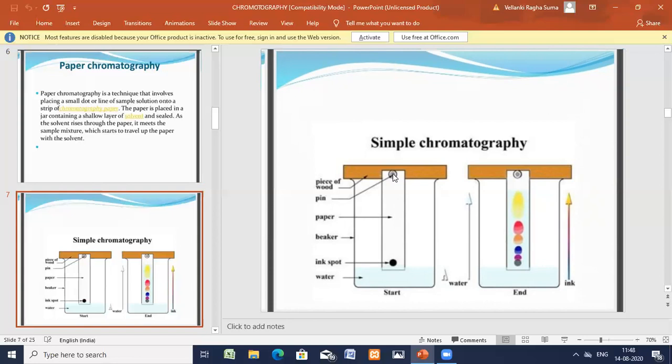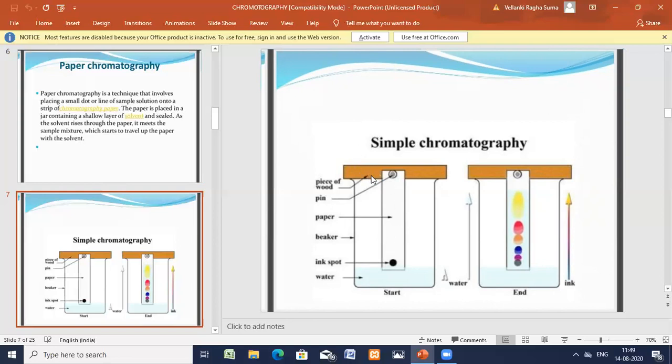Seeing the diagram, you can see the jar, and on this jar a paper is taken first. This paper is the stationary phase.